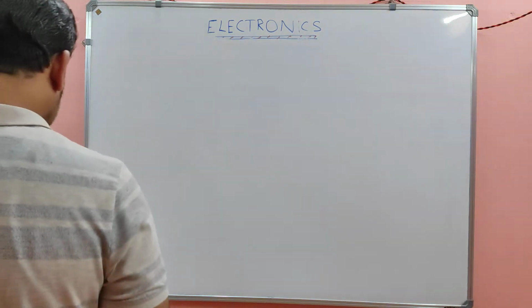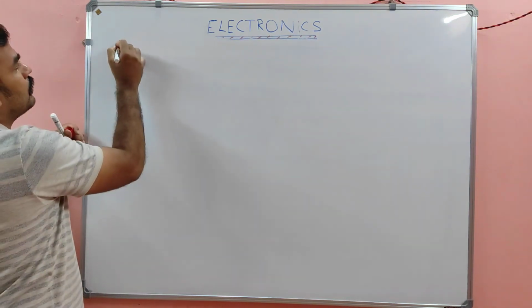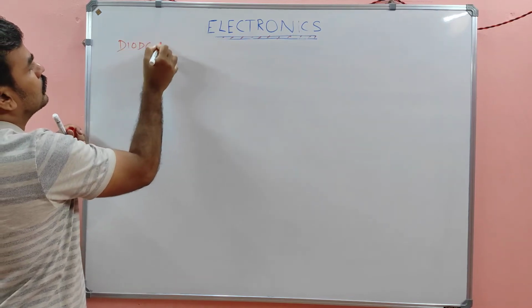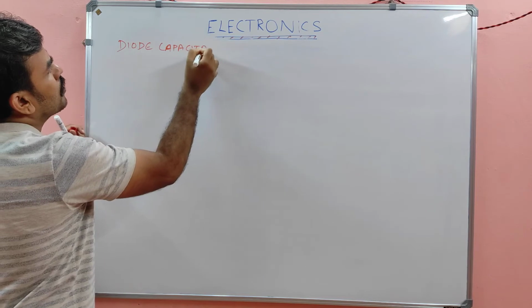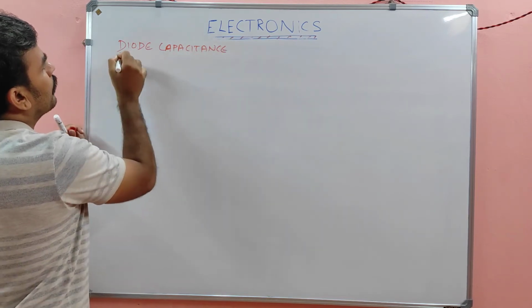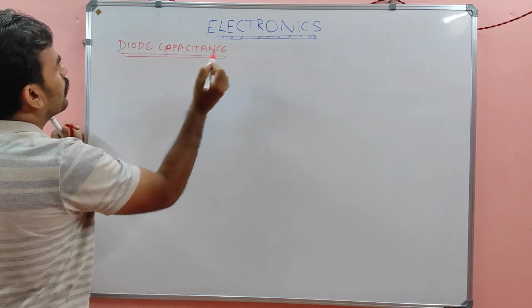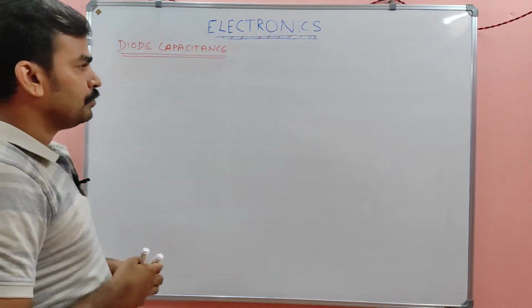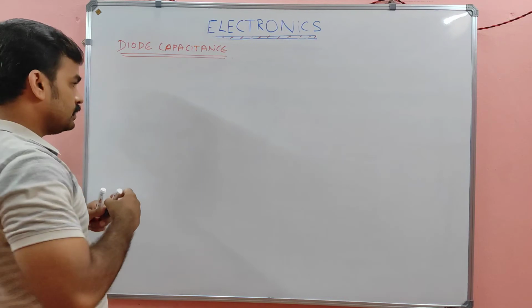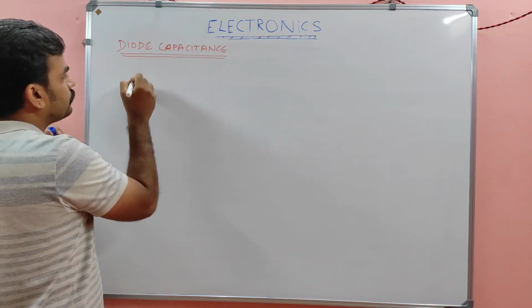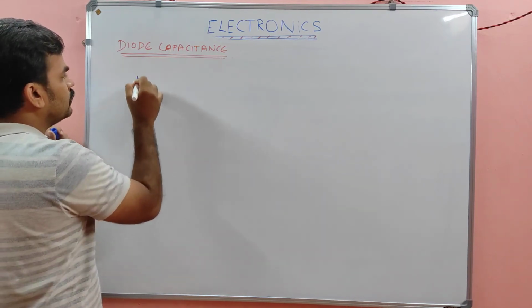Okay, next one, diode capacitance. As I already mentioned, suppose you are taking a PN junction diode like this.